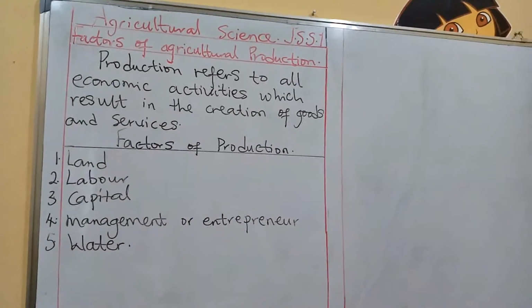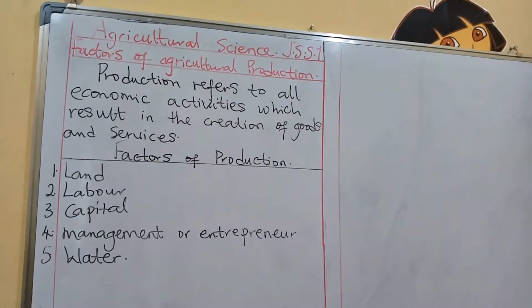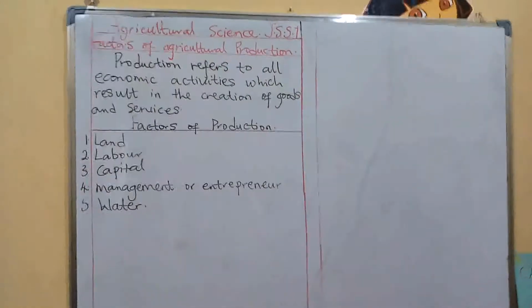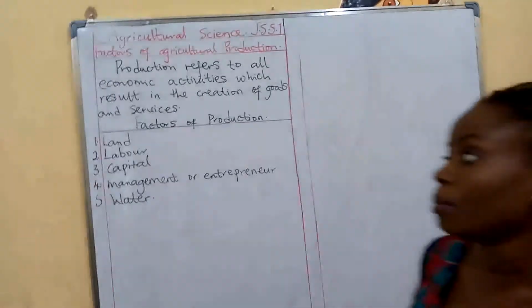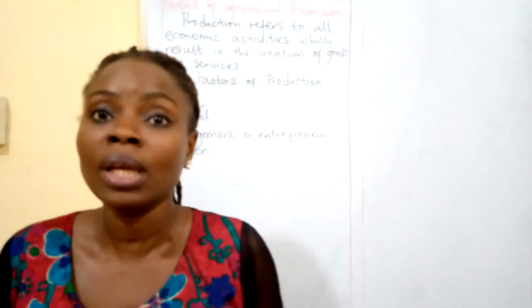It also refers to all the economic activities which result in the creation of goods and services. Now we're going to connect that to a farmer. These are all he needs to do and what he needs to have before embarking on any journey called farming, whether animal husbandry, crop farming, and all that.